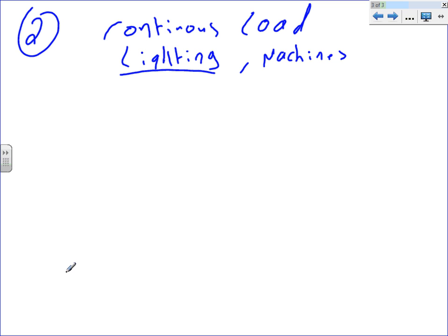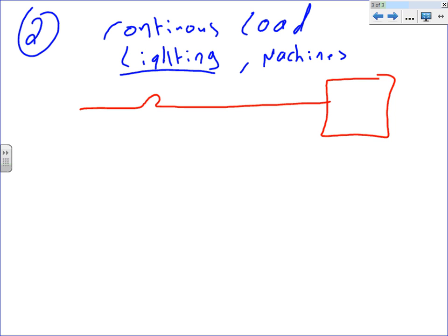All right, here's an example. I'm going to take first a continuous machine and then I'll take a lighting example, exactly like we did this. Here's a machine. Let's power this machine. Let's say I have a machine of 133 amps, 3-phase.